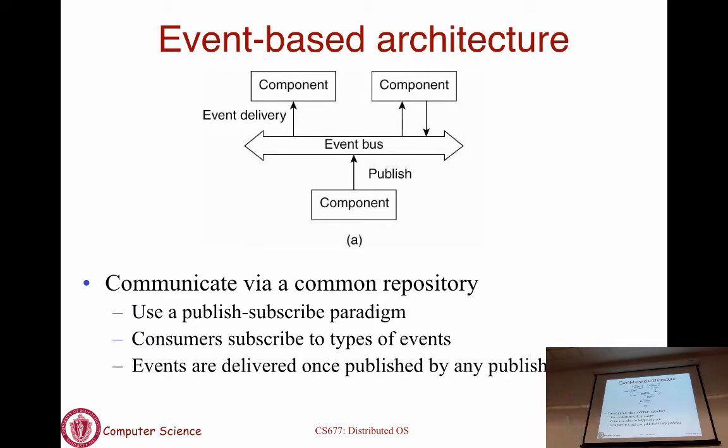They could be objects, but we are just going to refer to them as components. Your application is partitioned into components, and components communicate with one another over what is called an event bus. The event bus is essentially the layer that enables these components to communicate with one another, and they do so by publishing events or subscribing to events. That's the method by which they communicate.